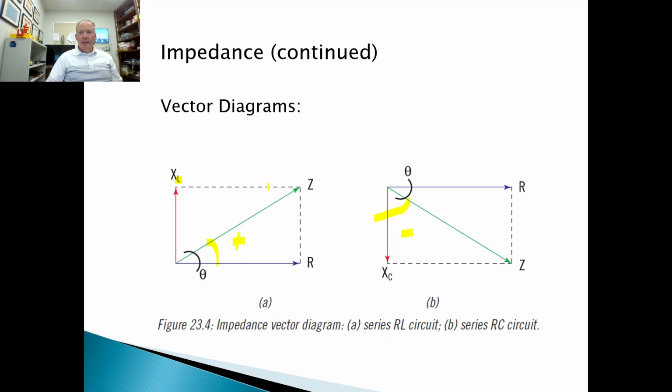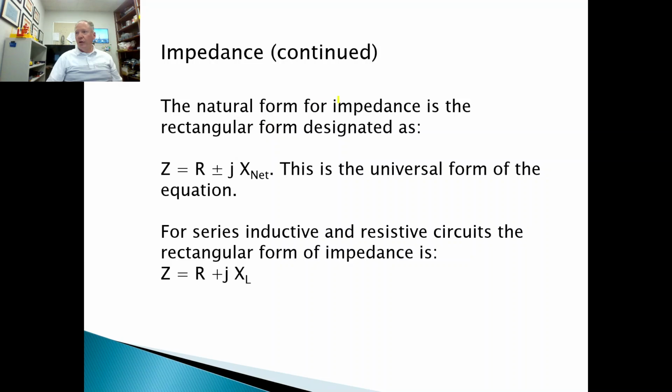Okay? Now, the natural form for impedance is the rectangular form designated as R plus or minus jX, the net reactance.